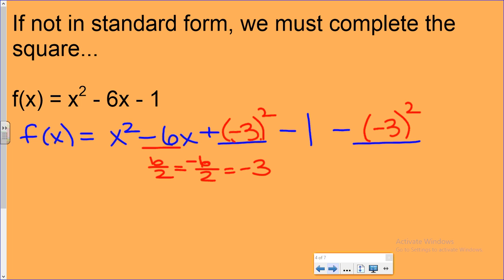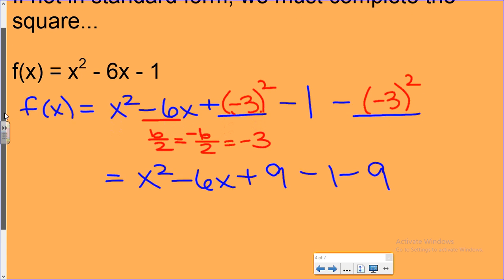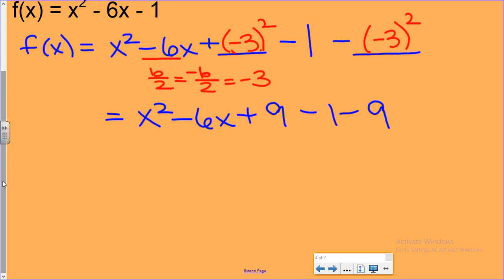So what we have is x squared minus 6x plus 9 minus 1 minus 9. We are not changing the value of our equation. Now, what does x squared minus 6x plus 9 factor to? x minus 3 times x minus 3.